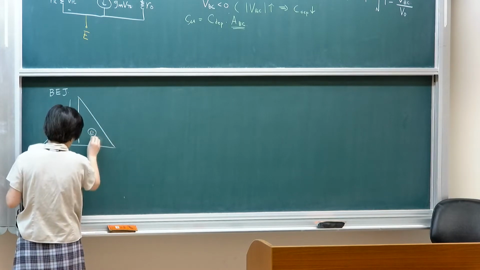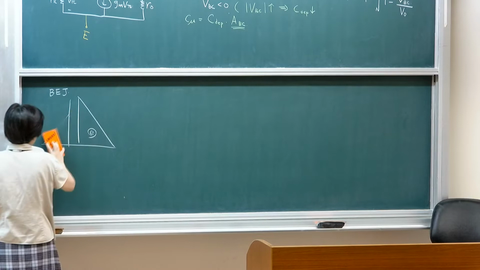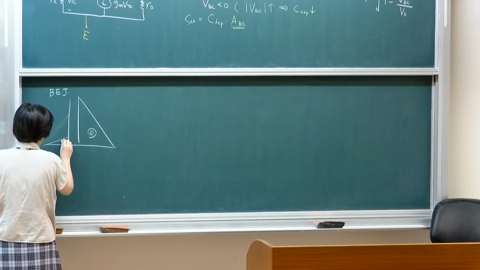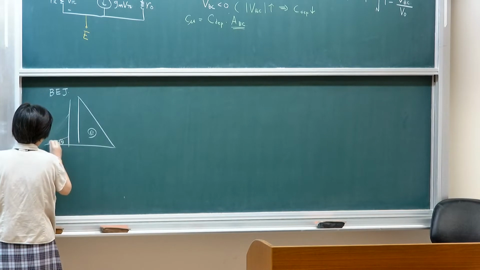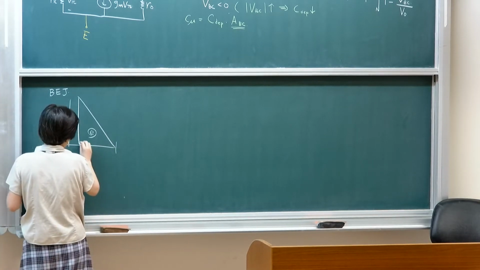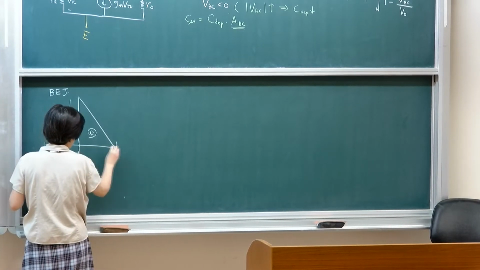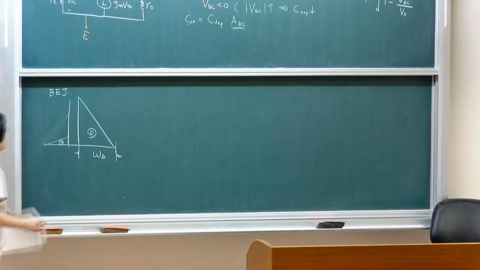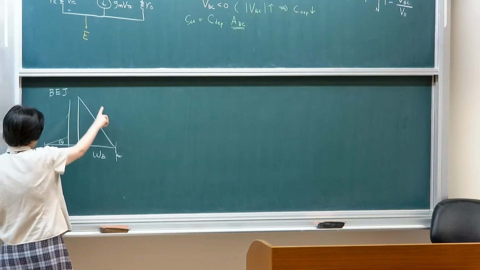There's a lot more electrons, and there's holes. And then there's a distance between the two. This is WB. So this is the BE junction.